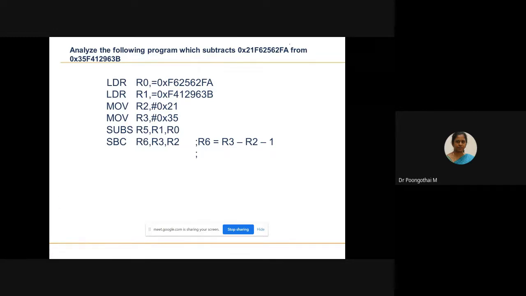So the first 4 instructions are for loading your LSB and MSB. This will be loaded into R0 and this will be loaded into R1, and this 21 is loaded into R2 and this 35 is loaded into R3. So what they are going to do, first they will perform LSB subtraction by subtracting R0 content from R1. So what is the answer?